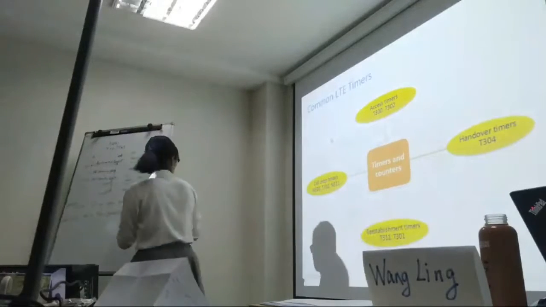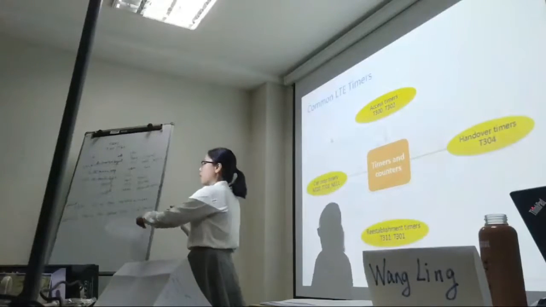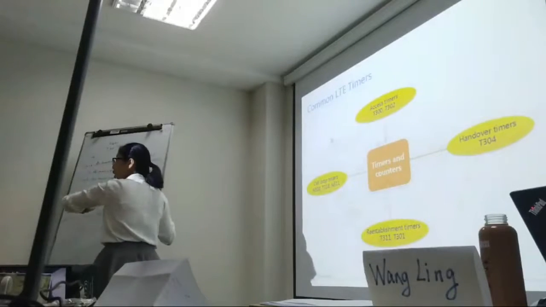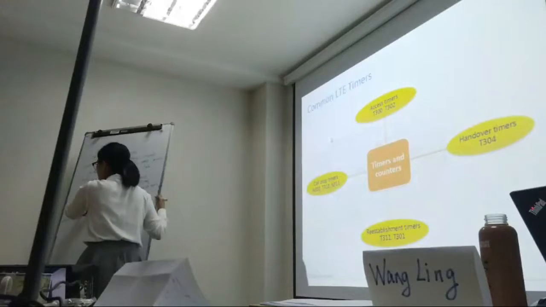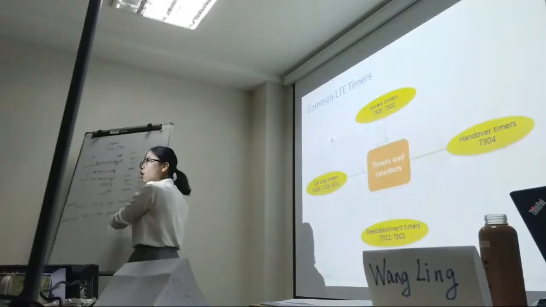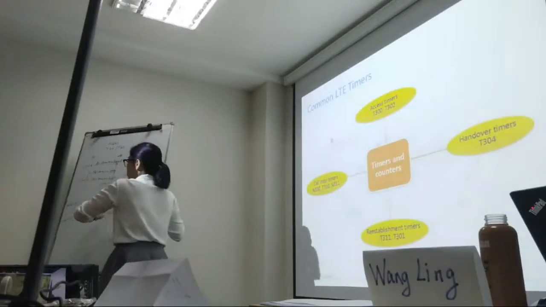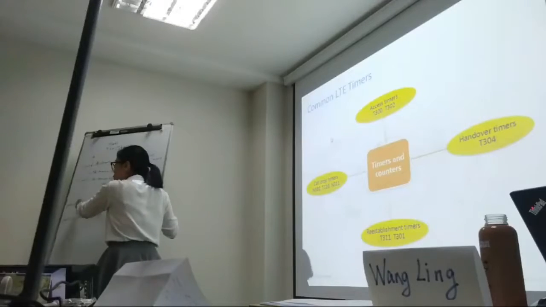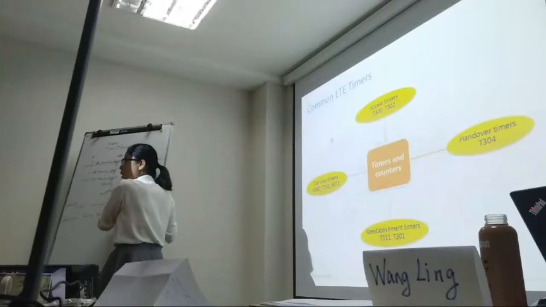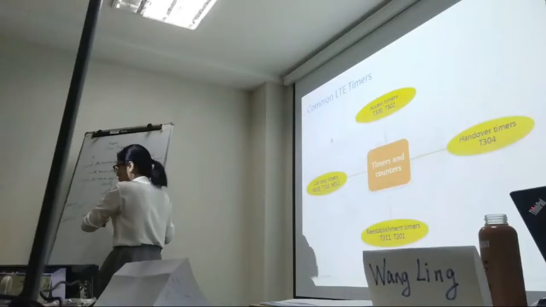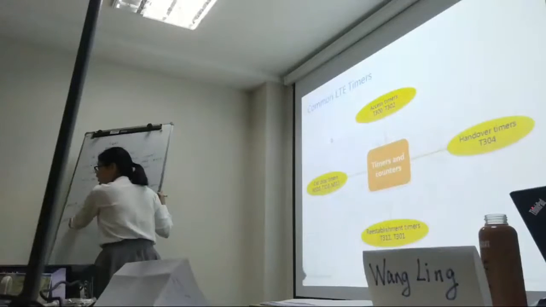Now this is the call drop mechanism as we see. The UE will maintain the N310 and N311 counters. If the UE receives N310 consecutive out-of-synchronization indications, I think the link is broken, and it will start the timer T310.